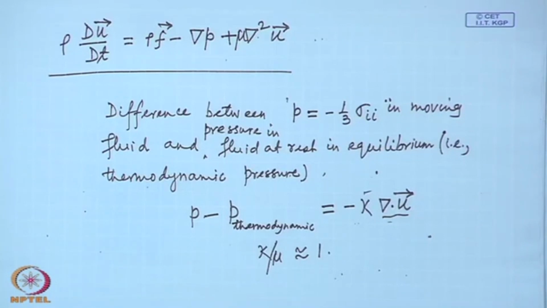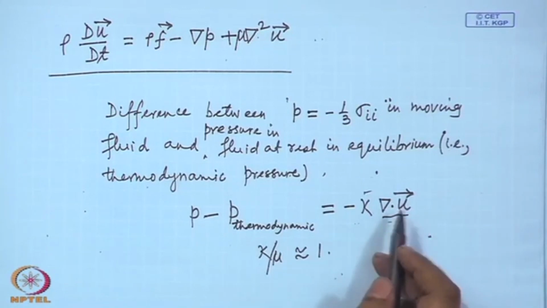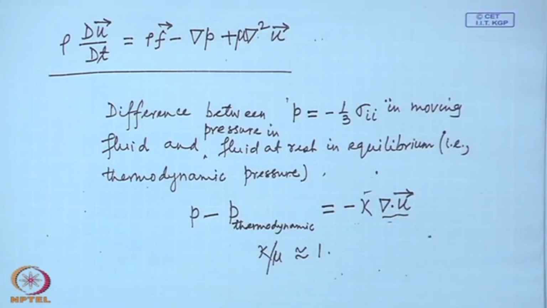So, you see, if the fluid is incompressible or if the flow is incompressible, then divergence of u is 0 and the difference does not exist. So, in case of incompressible motion, even though the fluid is moving and not in exact thermodynamical and mechanical equilibrium, this difference is 0. That means both can be taken as the same thing. The pressure in a moving fluid is the same as the thermodynamical pressure or the static pressure.